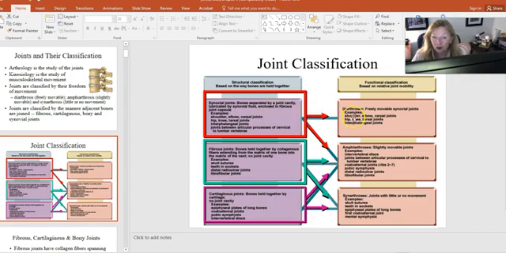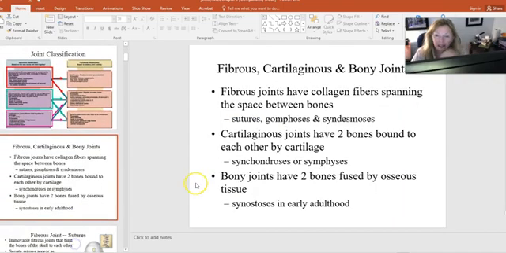or the diarthrotic joints. So the first classification we're going to look at is the fibrous, cartilaginous, and bony joints. So fibrous joints are just what they suggest. They are going to be joints that have collagen fibers spanning between them, holding the two bones together. We have some examples of these.